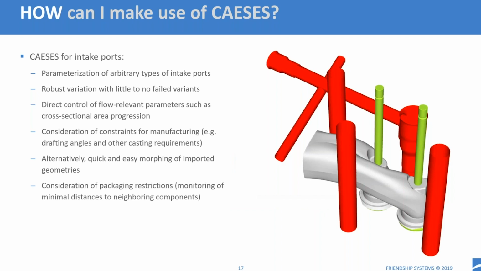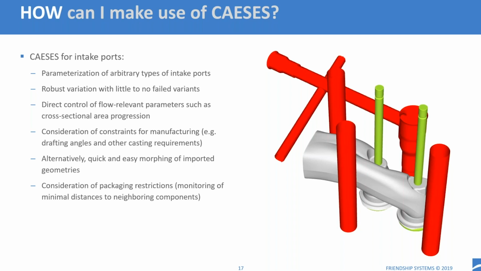So another important thing here for these port geometries, due to the cramped space in the cylinder head, are packaging restrictions. So here there is a possibility to monitor the distance of the port geometry that we're changing to neighboring components.